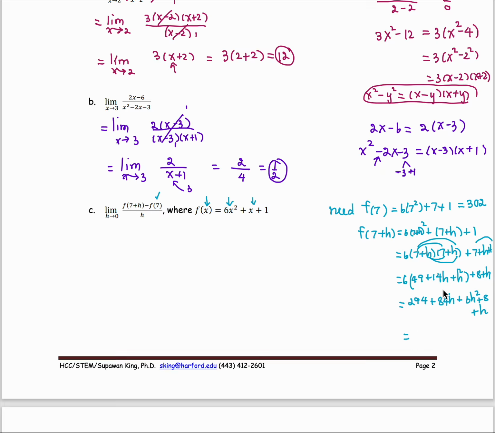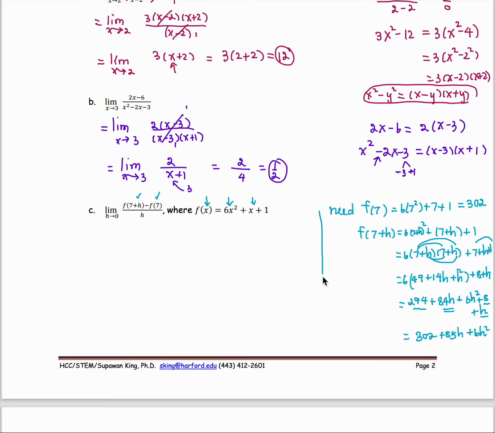We combine like terms: 294 and 8 combined to be 302. The like terms 84h and h becomes 85h, and then added by 6h squared. Now we got the expression for the function at 7 plus h. A little bit more work, huh?